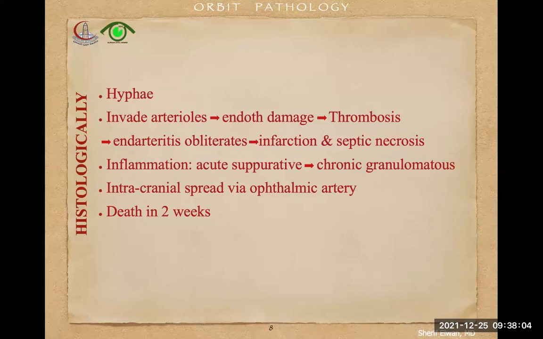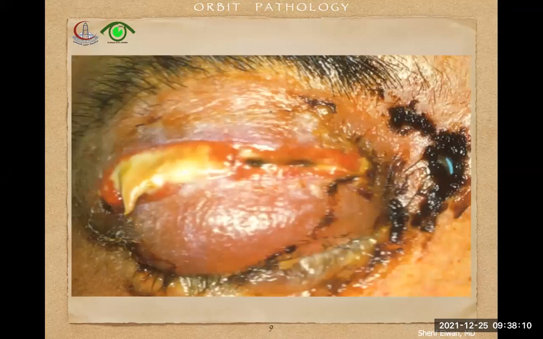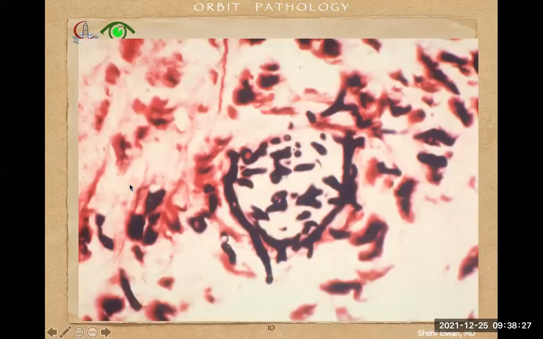And in this condition, the whole mucormycosis is deadly in a matter of 2 weeks. The macroscopic picture of this disease is one of excessive necrosis with formation of black eschars and secondary suppuration.